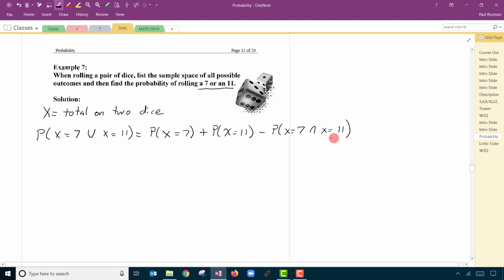Well, that's a case of something being mutually exclusive. When you roll 2 dice and you figure out the total on them, you can't have a total of 7 and a total of 11 at the same time. So this part is 0. They are mutually exclusive outcomes.